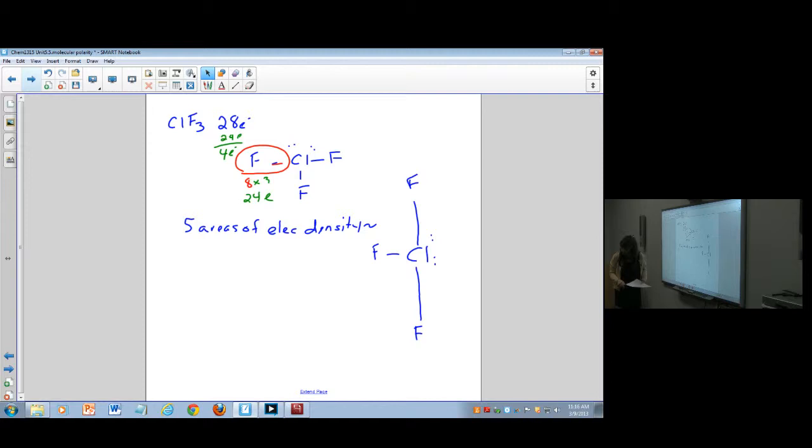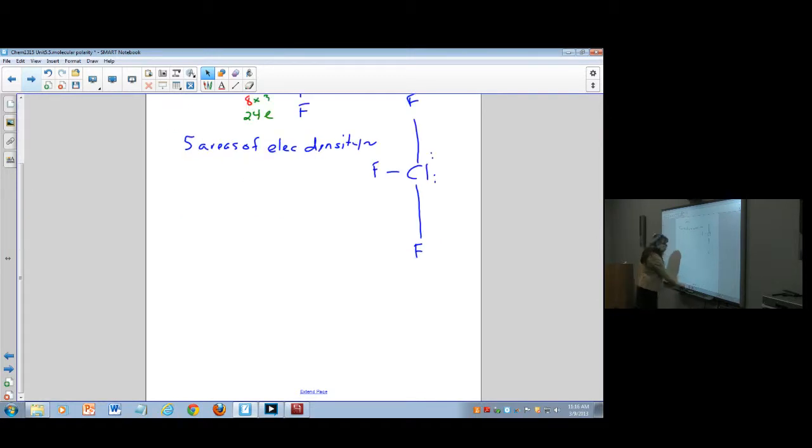Okay, what about something like XeO2F2? This ends up being 34 electrons. Again, you might be tempted to think it's tetrahedral because there are 4 outer atoms, but when you draw this up, you'll see that's not true.